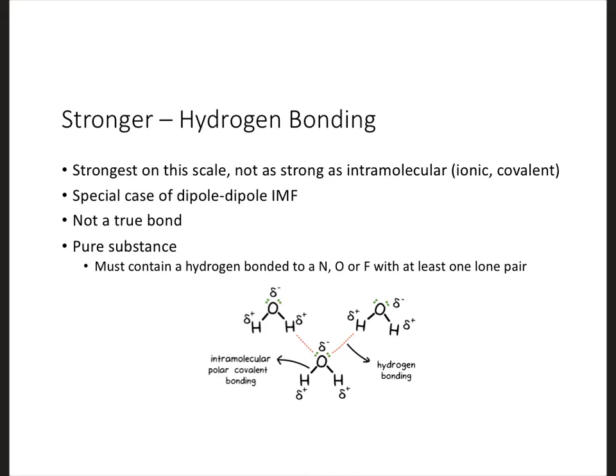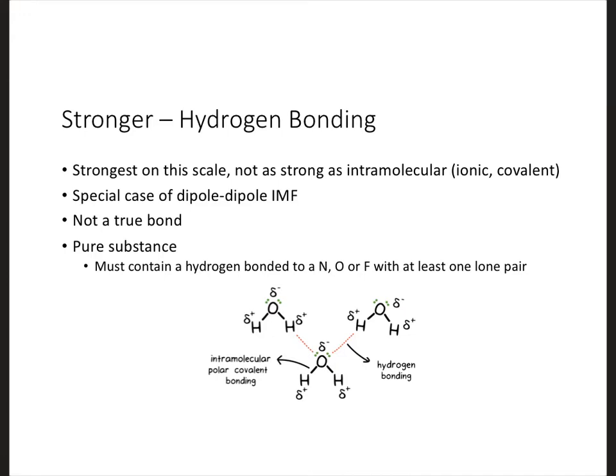They're a special case of dipole-dipole interactions, and that special case is that they have to have certain atoms involved in covalent bonds, things resulting in very strong dipoles. So we need something very electronegative bonded to a hydrogen. So if we think about the most electronegative things, we're up in the top right corner of the periodic table.